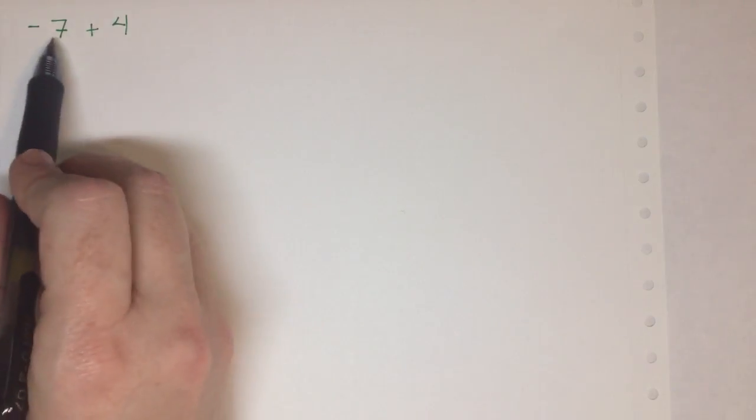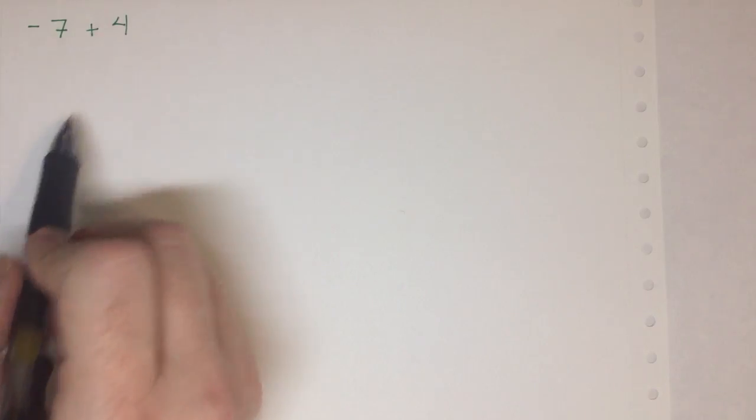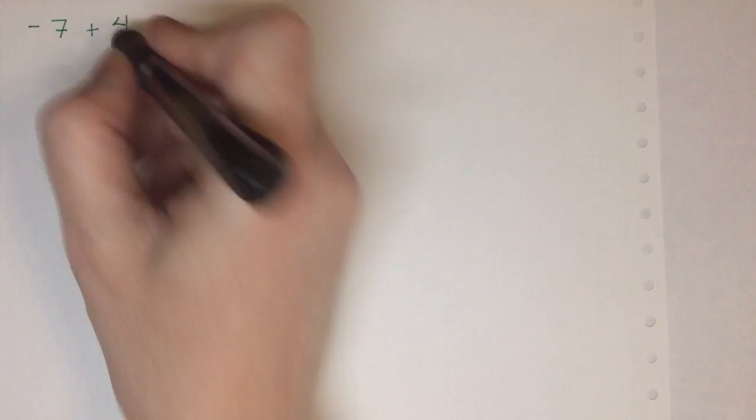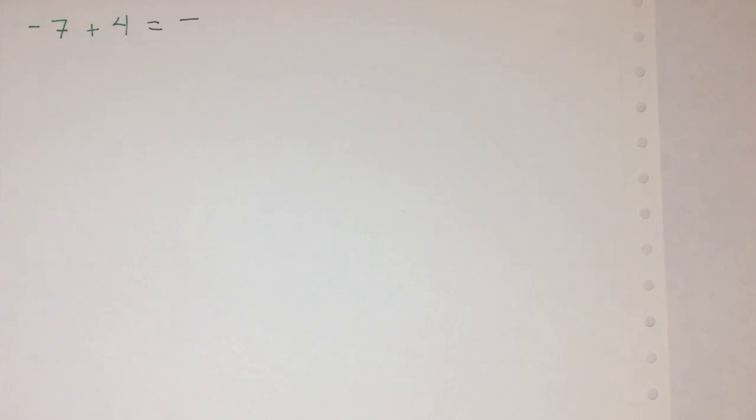So, if I have negative 7 plus 4, again, I could draw the number line, but what I'm going to think of here is that I owe $7 and I have $4. If I owe 7 and I have 4, I end up owing more than I have. So I'm going to still be in debt, but I'm going to be less in debt. I'll only owe $3.